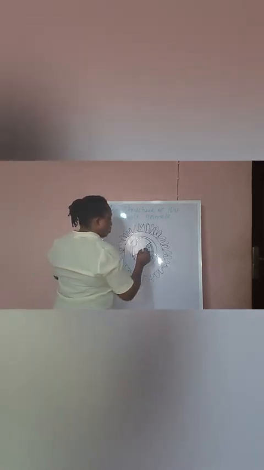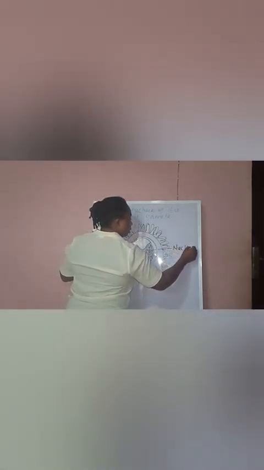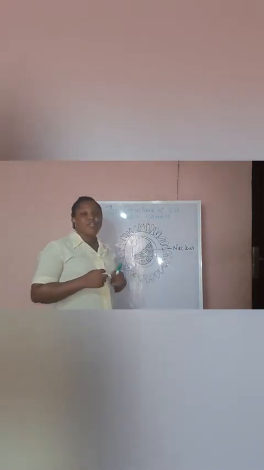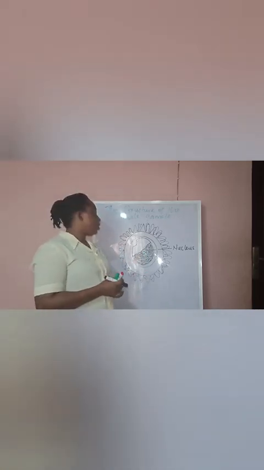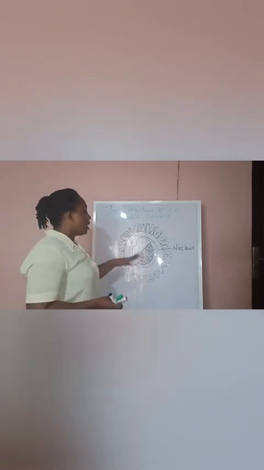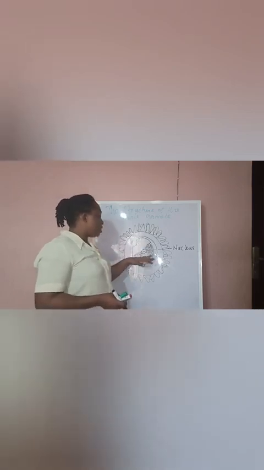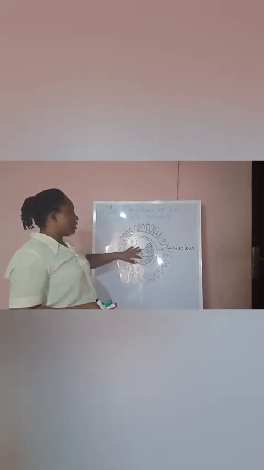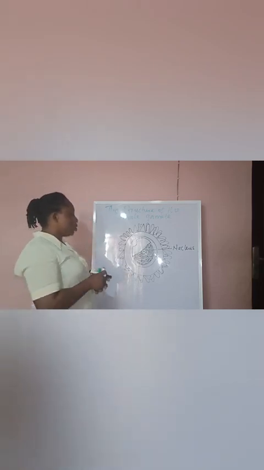Now this is the nucleus. We know that the nucleus is what bears the genetic information of a living organism. So the genetic information, the DNA of this egg, of this oocyte, is embedded within the nucleus.